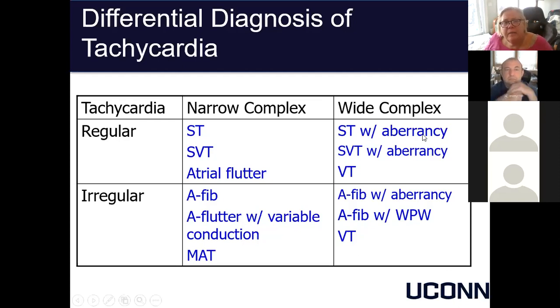Your wide complex dysrhythmias: sinus tachycardia with an aberrancy, not necessarily, we don't see that a lot, but just be aware that it can happen. Again, supraventricular with an aberrancy, but ventricular tachycardia is a wide complex dysrhythmia. And there is some irregular VTach as well.